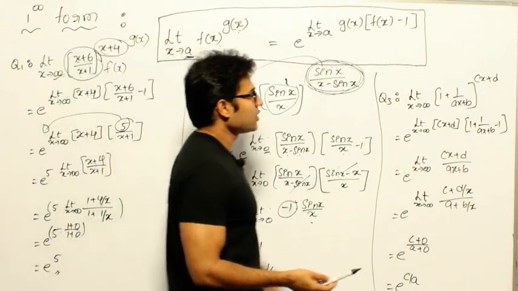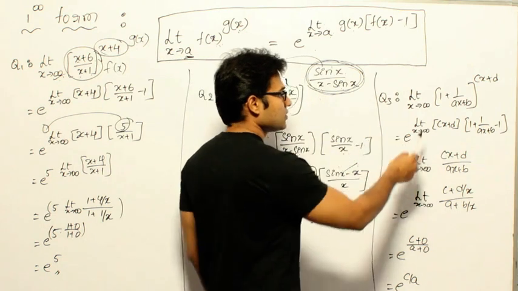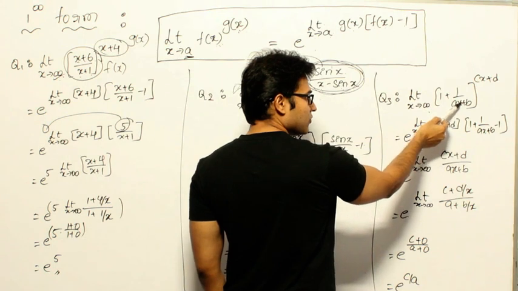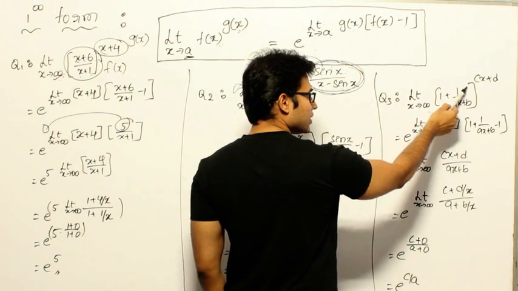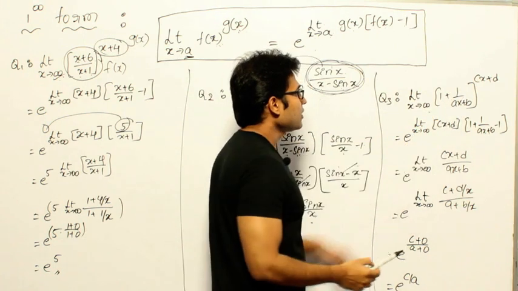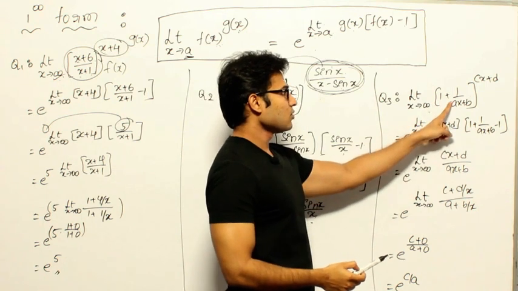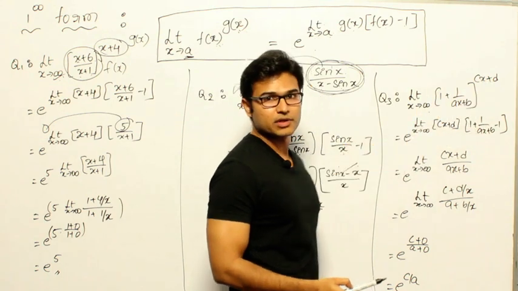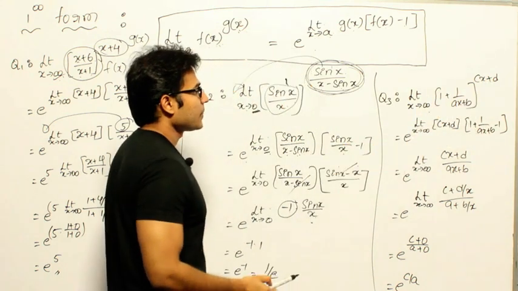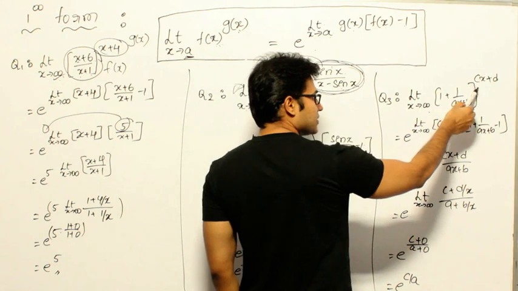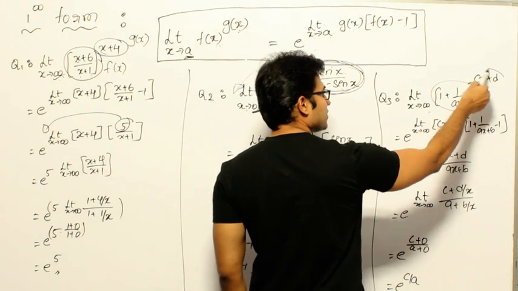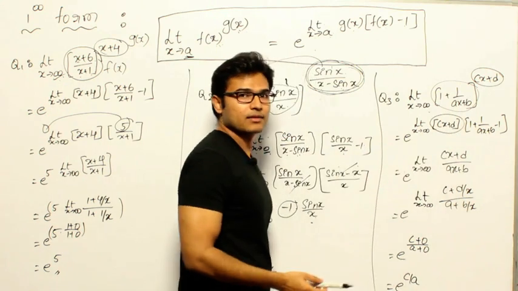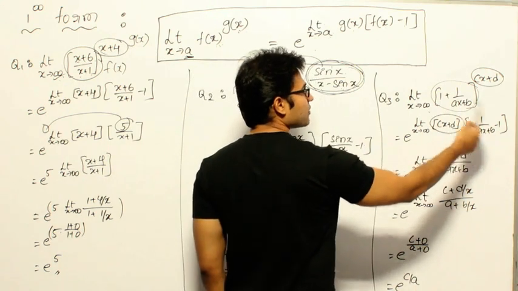Now similarly, if you see this one, limit x tends to infinity, if you substitute infinity, this entire factor is going to be infinity and this entire factor is going to be 0. So it is 1 plus 0 whole to the power, if you substitute infinity in place of x, it is going to be 1 power infinity. Now this is f of x, this is g of x. You take g of x here, and f of x minus 1 is going to give us this.